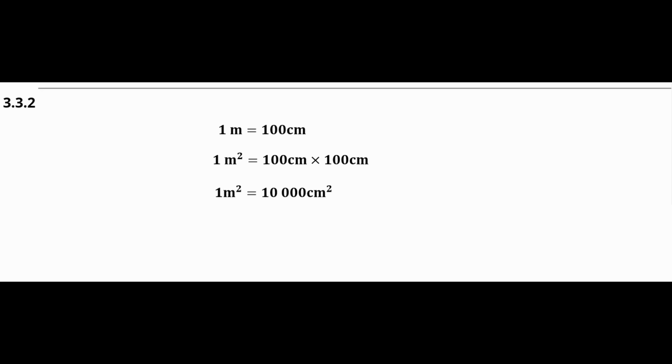Therefore, 1 square meter equals 10,000 square centimeters. From question 3.3.1, the area of the backboard was determined to be 13,200 square centimeters. So the area of the backboard in square meters is equal to 13,200 divided by 10,000, and this equals an area of 1,32 square meters.